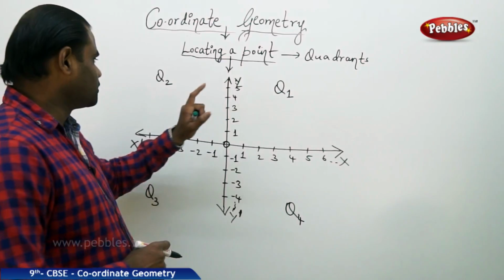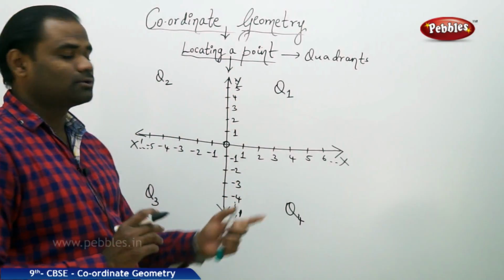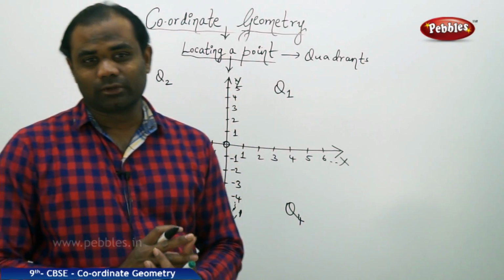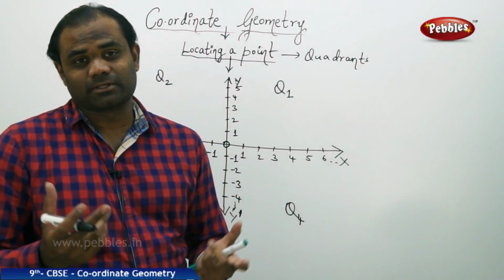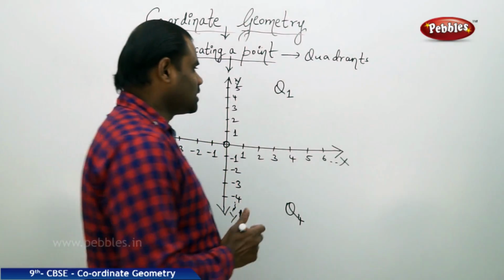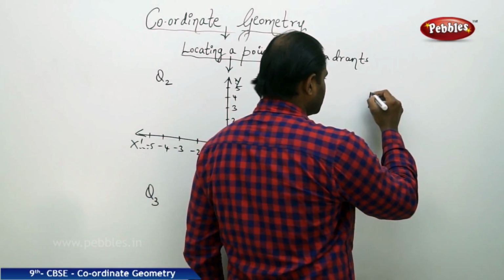So for each of Q1, Q2, Q3 and Q4, let's see how we can locate a point in its respective quadrant.